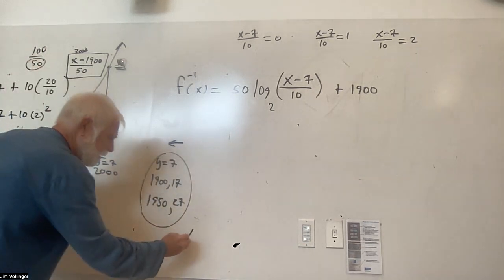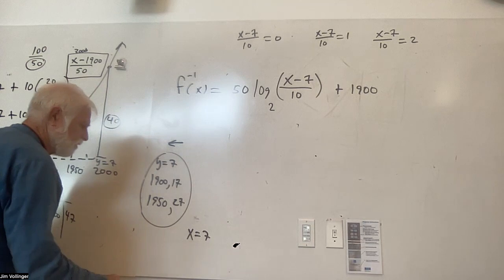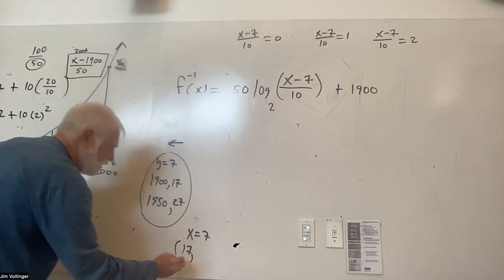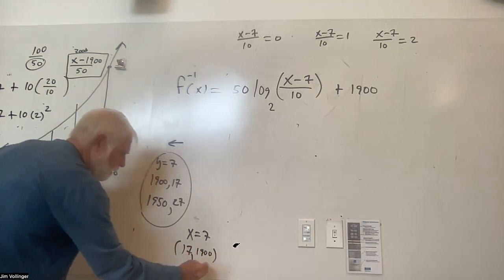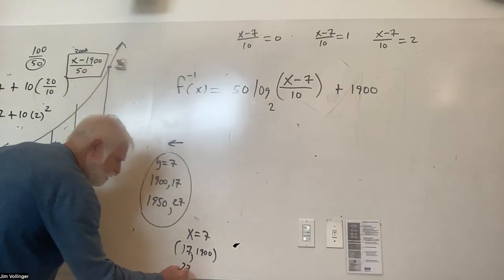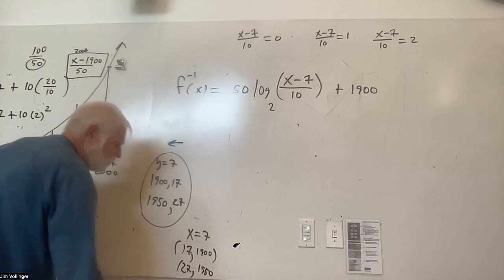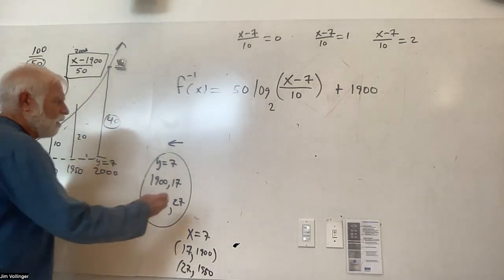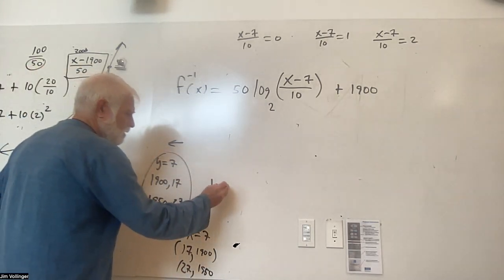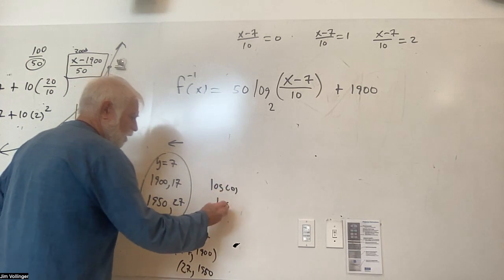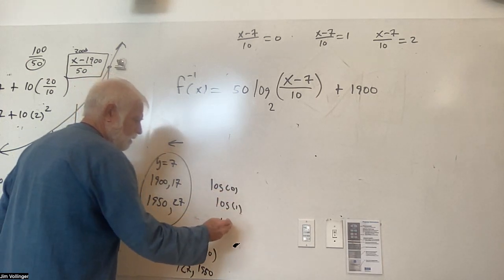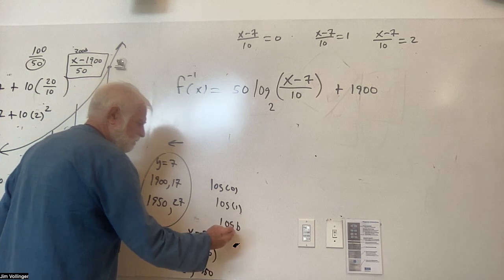So we want to see x equals 7 as an asymptote. We want 17 to get 1900, and we want 27 to get 1950. And how are we going to do that? We're going to do that by knowing something about log 0, log 1, and log b base b.